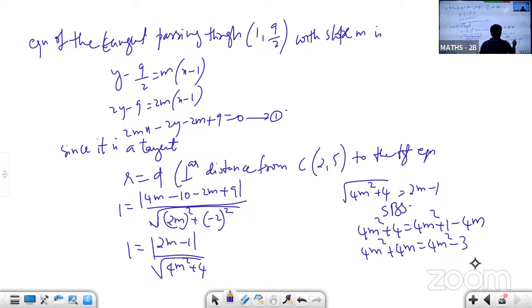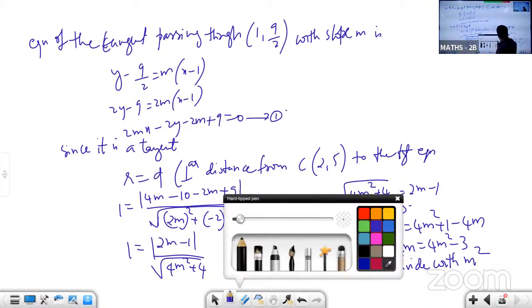Usually people will cancel 4m square on both sides. Then you will go to only 1 m. So instead of cancelling, you divide with m square. Is it clear? So divide with m square. When I divide with m square, what happens? Here I am writing with a different color, so that there is no need to change the board.